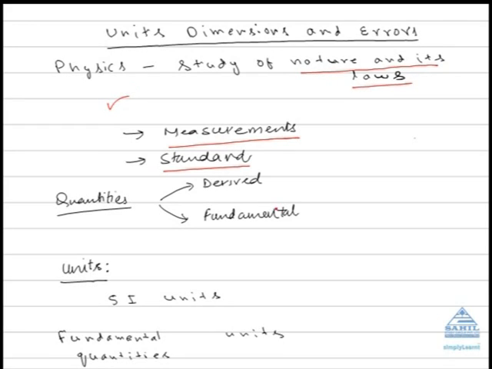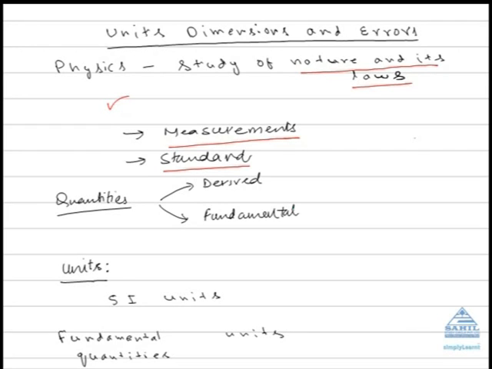Now, we have a large number of physical quantities like length, area, temperature, mass, etc. However, not all the physical quantities are independent. For example, if you know the length of a square, you can calculate the area of a square.